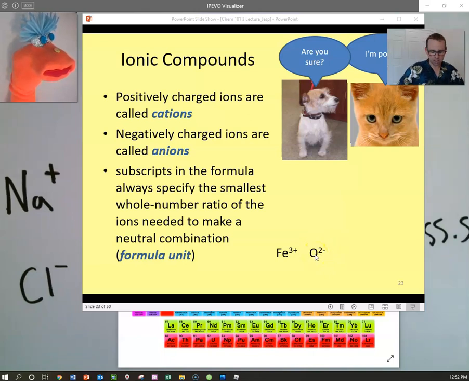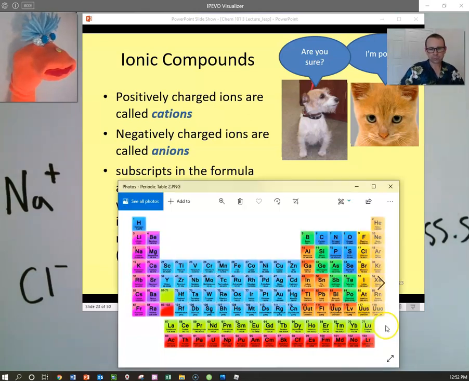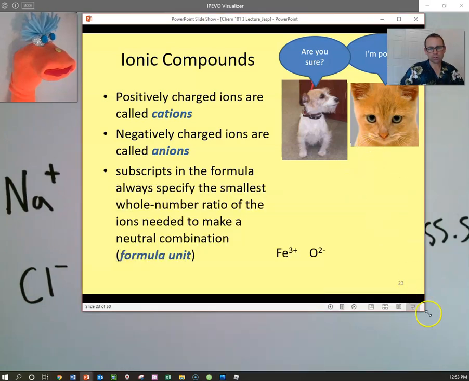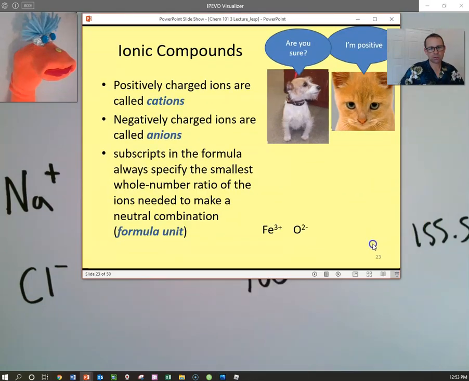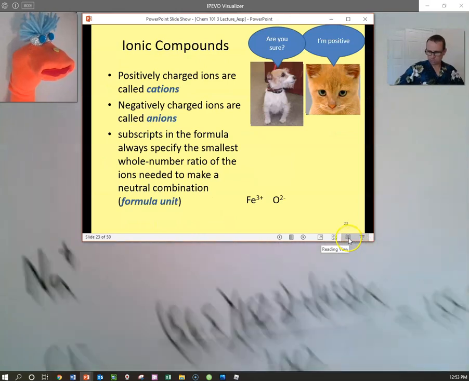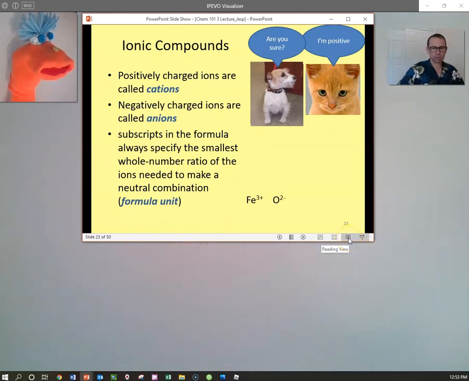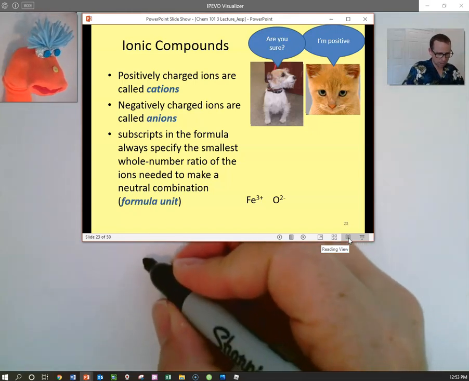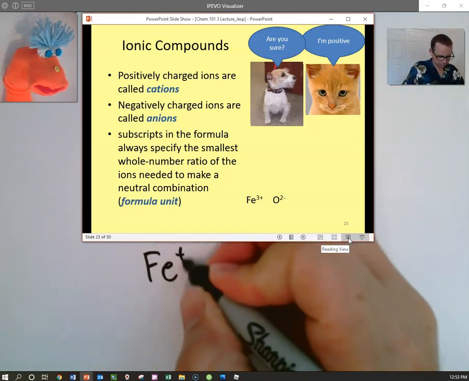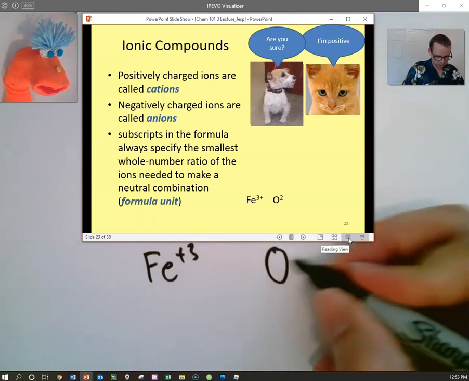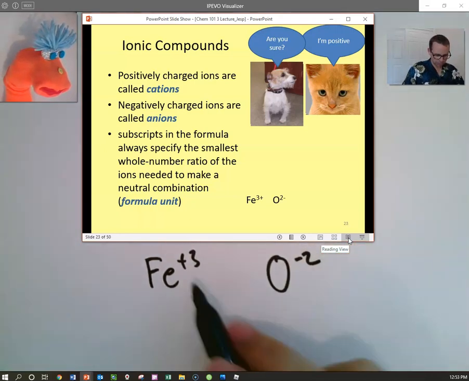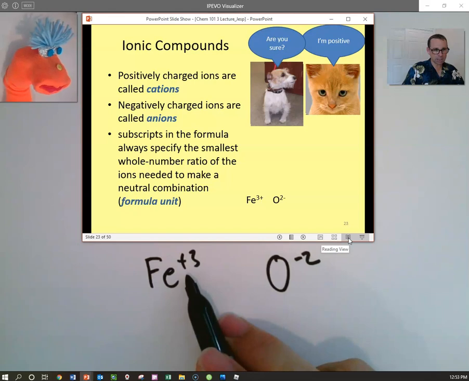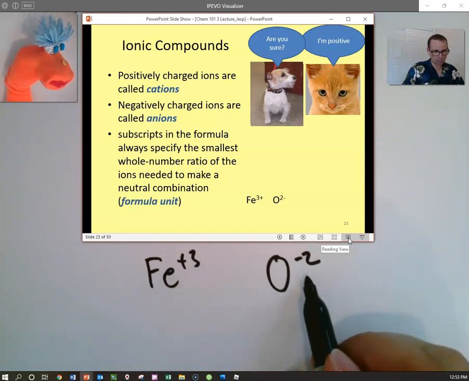If we're going to combine an iron ion, Fe+3, with an oxide ion, the number of electrons lost by the cation has to be the same as the number gained by the anion.